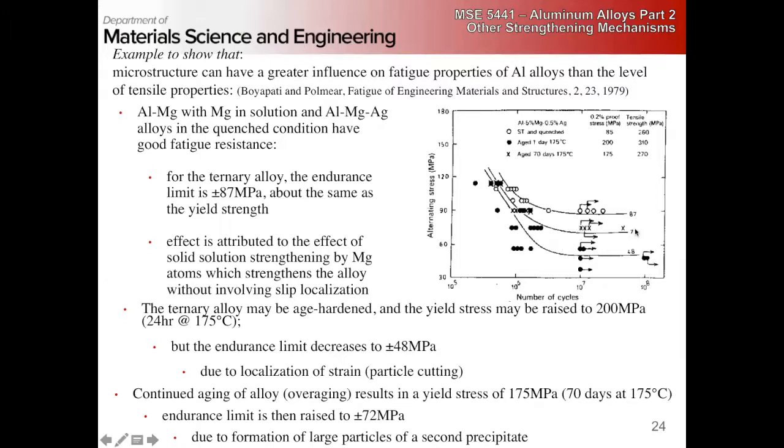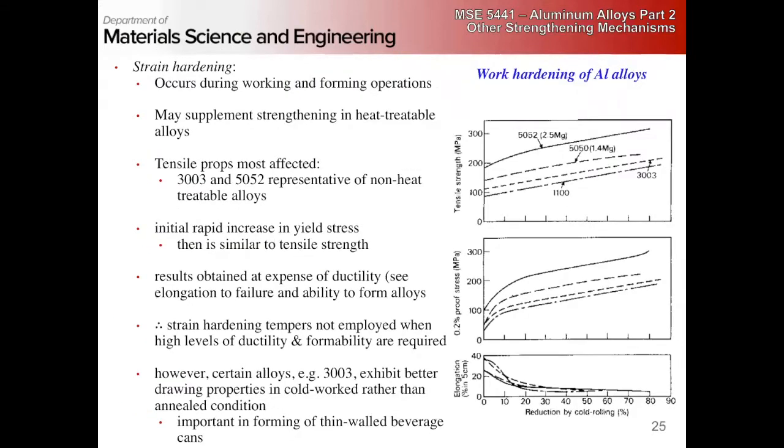If we go to the overage condition, our yield strength drops to 175, but our endurance limit goes back up to 72 megapascals. And this is because we're going to nucleate our second phase heterogeneously and grow large particles and have much more uniform slip in our system.